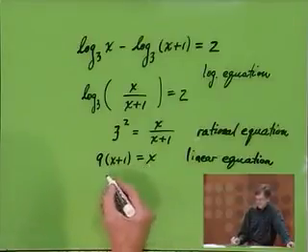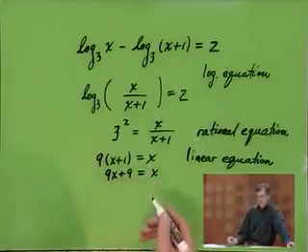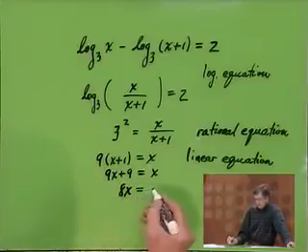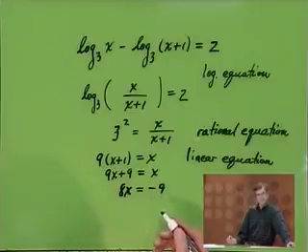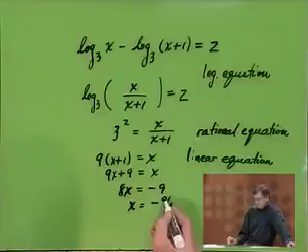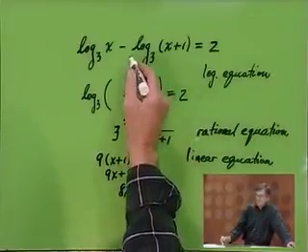This says 9x plus 9 is equal to x. Or that says that 8x is equal to negative 9. And that says that x is equal to negative 9 over 8. So therefore, do you think that this is the solution to that problem?